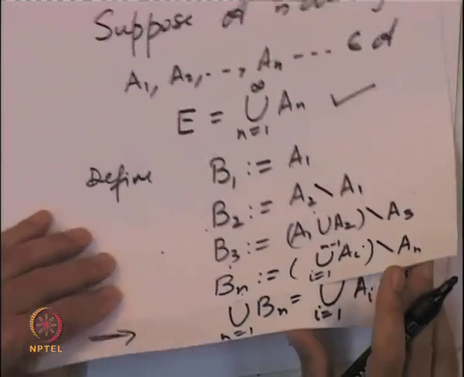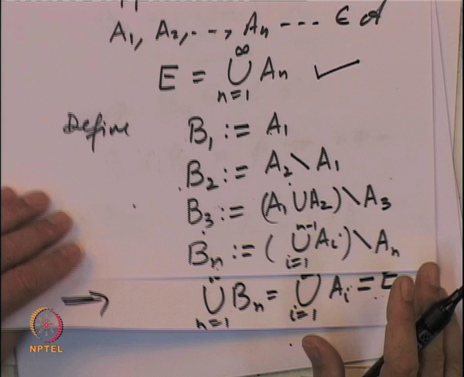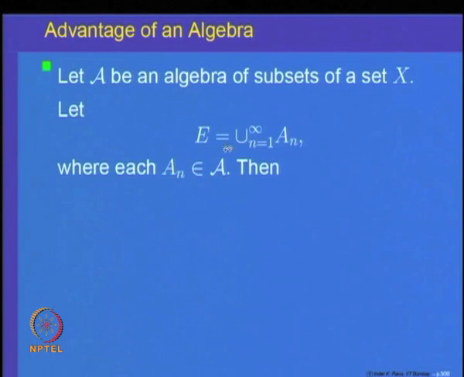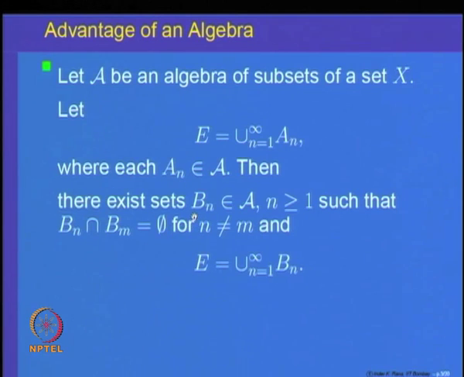So, what we are saying is we have proved a theorem which is going to be quite useful, and that is the advantage of being inside an algebra. So, let us recall once again, if A is an algebra of subsets of a set X and a set E is union of A n's, n equal to 1 to infinity, where each A n belongs to A, then there exist sets B n's belonging to the algebra, which are pairwise disjoint, and their union is equal to E. So, any countable union in an algebra can be represented as a countable disjoint union.